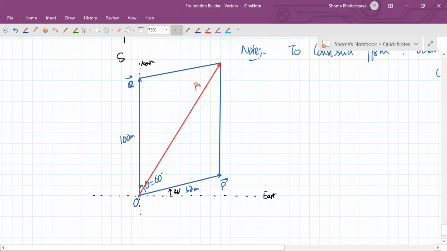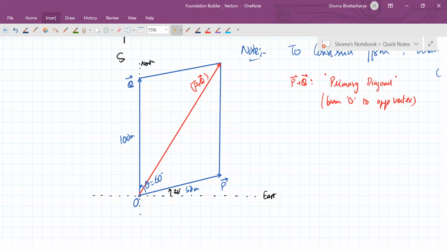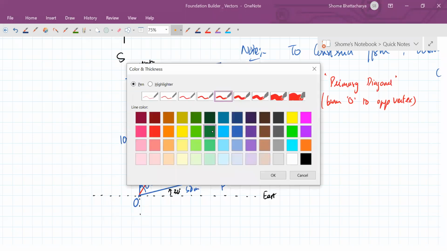So this is P plus Q. So P plus Q will be the primary diagonal, from origin to opposite vertex.